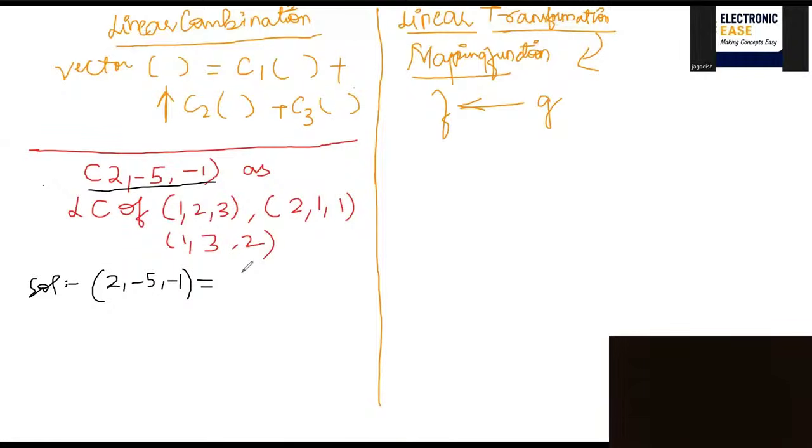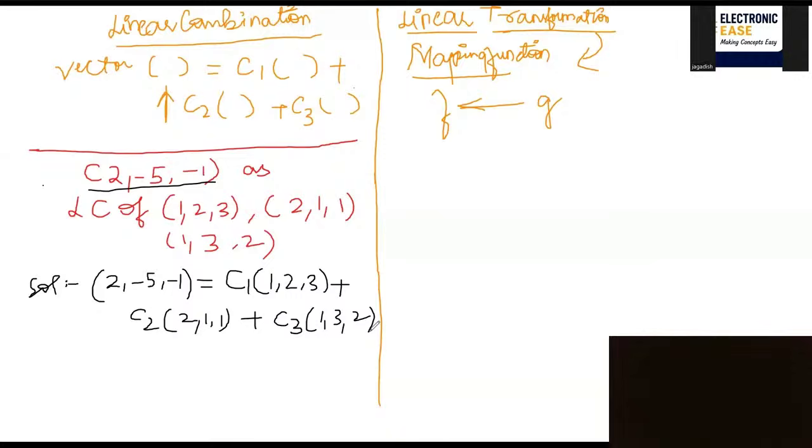You need to denote by C1 of (1, 2, 3), whatever they have given in the question, you need to write down, plus C2 of (2, 1, 1), plus C3 of (1, 3, 2).